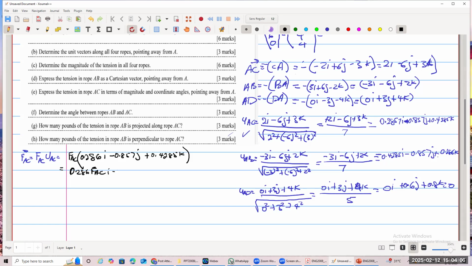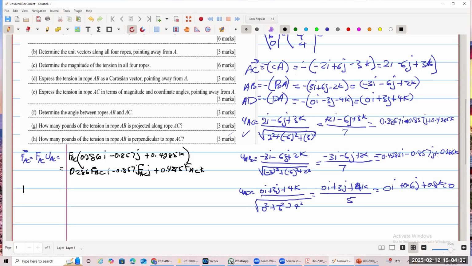So then this was minus 0.857 times the force, put the J behind, plus 0.4285 FAC, and put the K unit vector. So that now you have one expression.